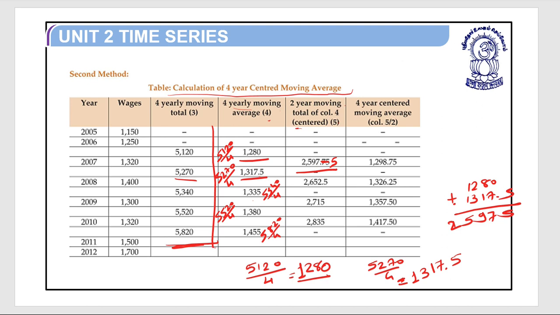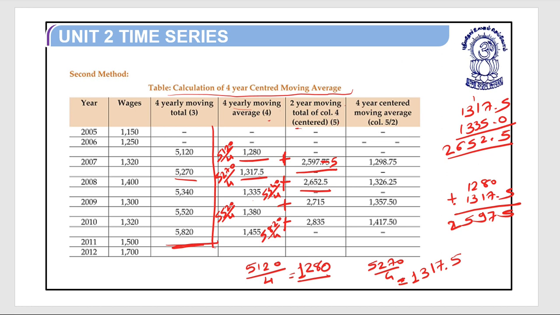Okay, so 1317.5 plus 1335. Here we have to take the addition of two terms, the same way each time. So 1317.5 plus 1335: 5 as it is, 7 plus 5 is 12, 3 plus 1 plus 1 is 5, 3 plus 3 is 6, 1 plus 1 is 2, 2652.5.